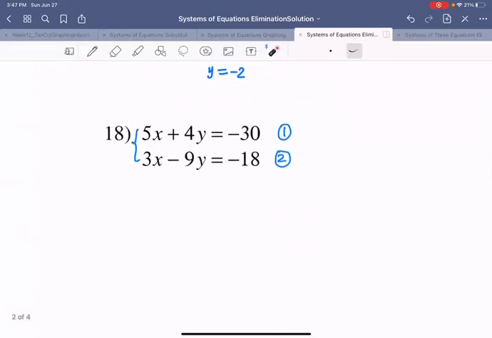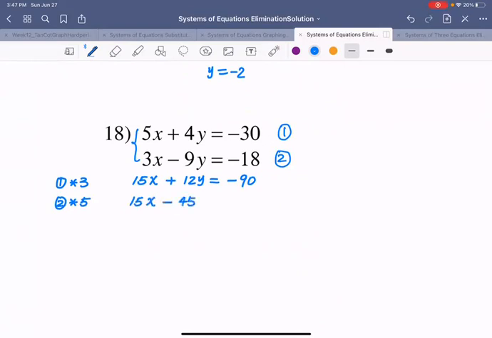So the top will be 15x plus 12y equals negative 90. Okay. Then the bottom one would be 15x minus 45y equals negative 90.